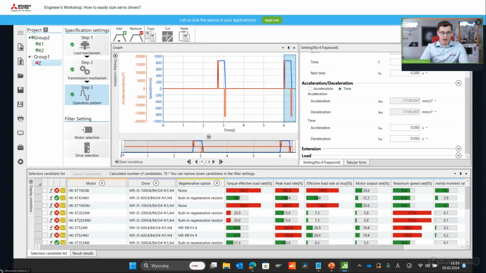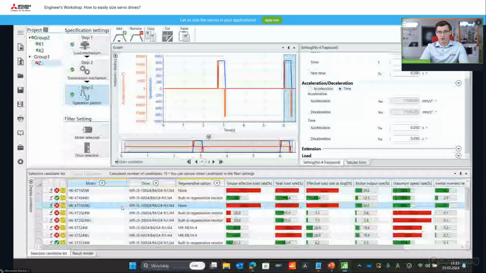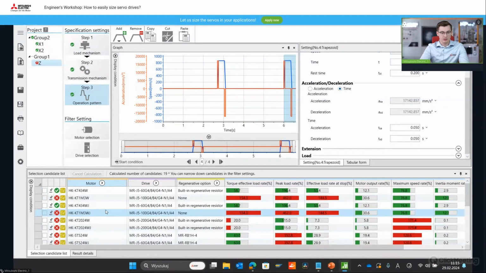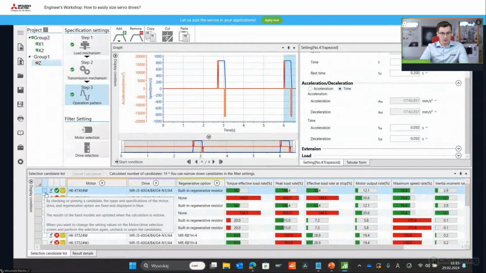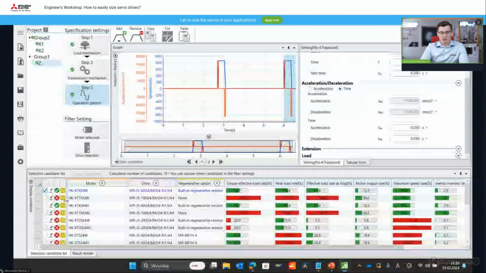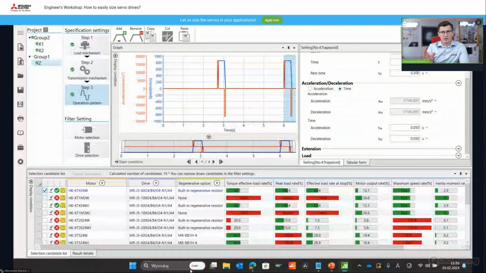Okay, and now we have to select some motor. At this point, I don't have the problem. I will just select the motor which is the best for me. Let's look. So we'll go with the first one. So 500 watts motor. And here, of course, without any gearbox because the motor is very small.